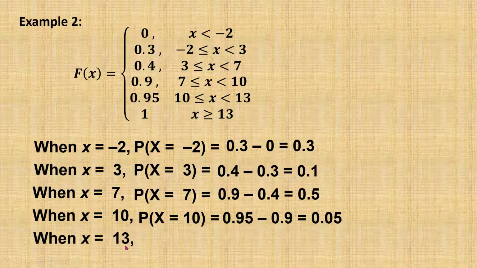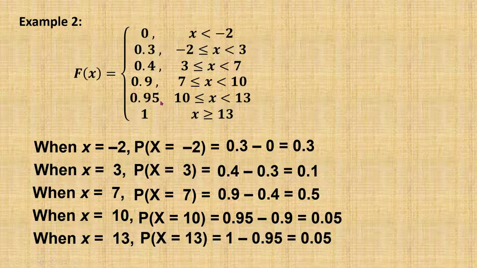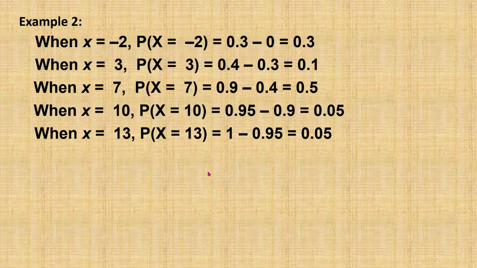And when x is equal to 13, the probability can be obtained by using 1 minus 0.95, which is equal to 0.05. After we have got the probabilities for all the possible values of x, now we are going to write the probability distribution function by using mathematical function notation.